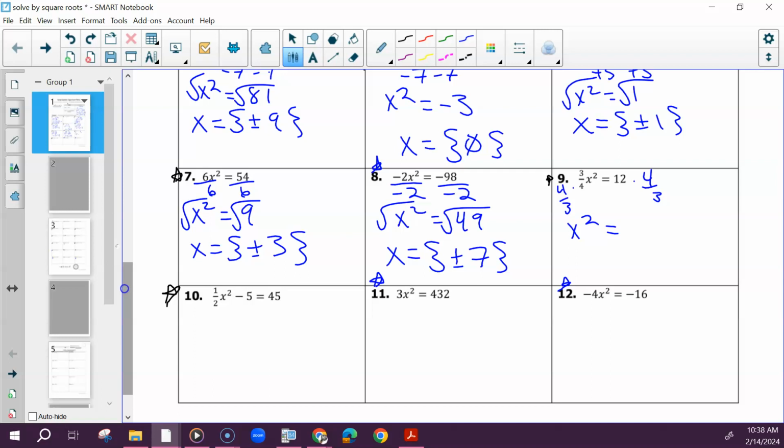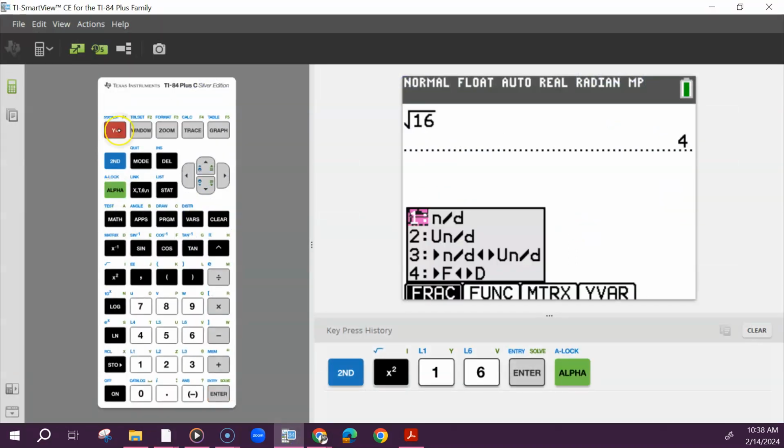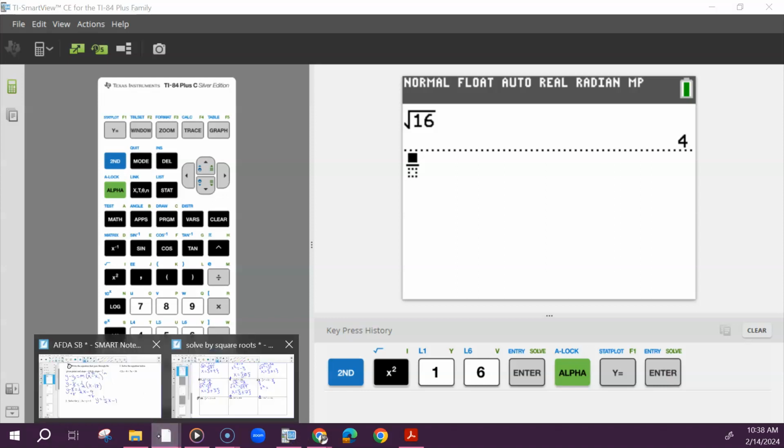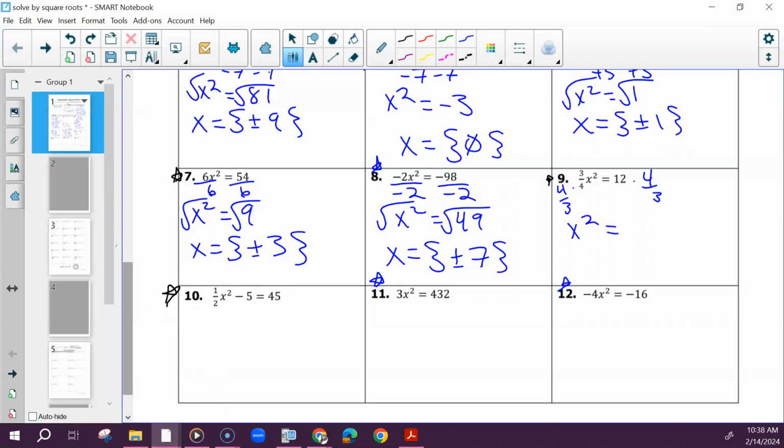Alpha y equals will give you the fraction bar. So whether you divided or multiplied, you should have got 16. When we take the square root, what would that answer be? Plus or minus 4. Make sure you're using curly brackets also.